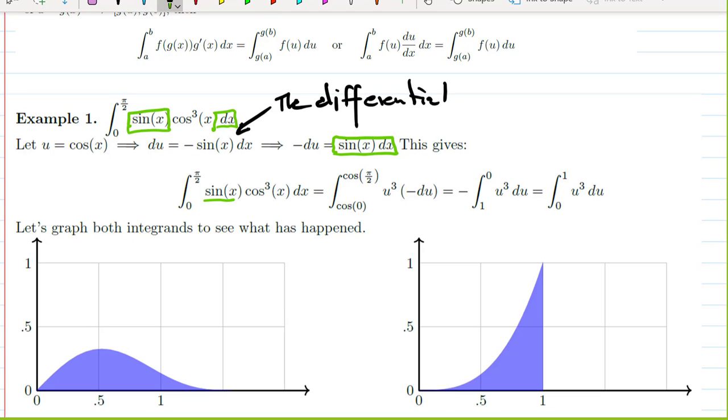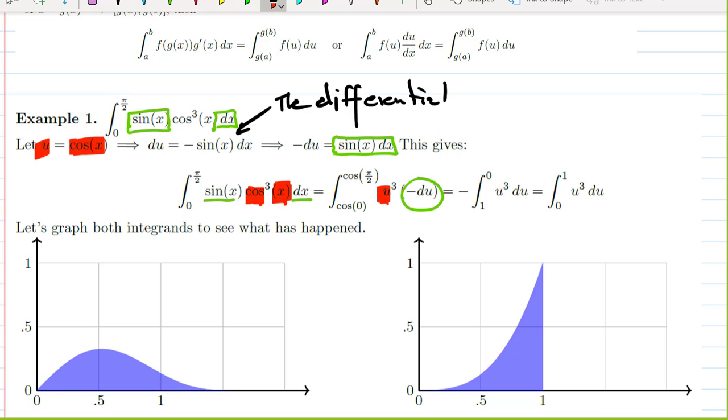So if we replace the sine x dx with a negative du, and then we have our cosine is u, so the cosine cubed would become u cubed times negative du. We also have to use the U-Substitution to change our limits of integration.